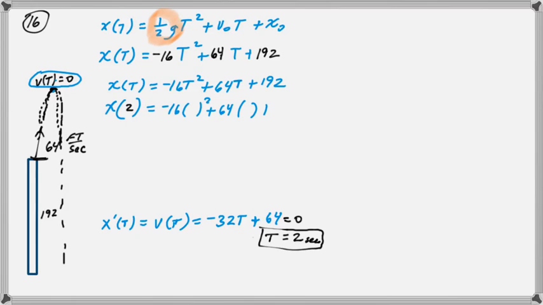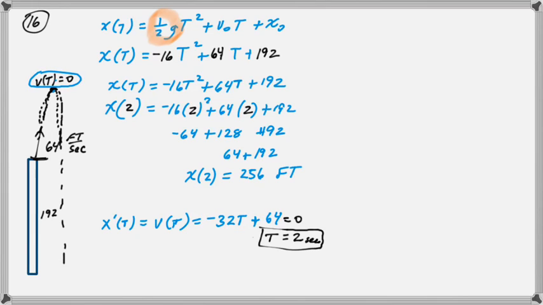So if I put a 2 in, 4 times negative 16 is negative 64, plus 128, plus 192. So this is 64, plus 192, and I think that makes it 256 feet off the ground at time 2. So that's the maximum height the ball attains. Now that's your answer for part A.